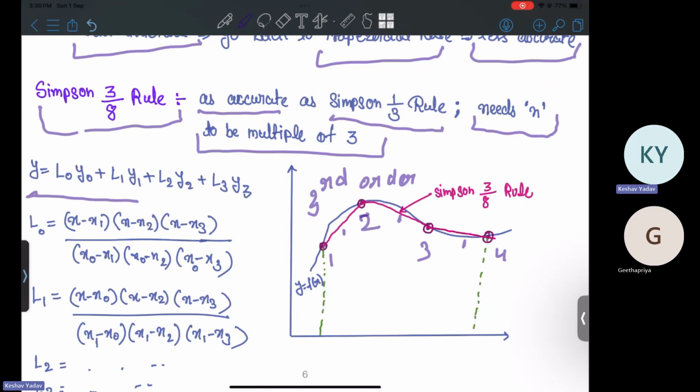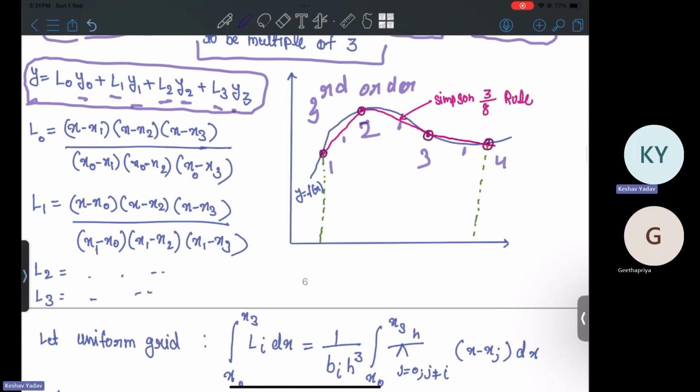So this y I can write using Lagrange interpolation function for a third order polynomial as L0 y0, L1 y1, L2 y2, L3 y3. What will be the formula of L0? x minus x1, x minus x2, x minus x3 divided by x0 minus x1, x0 minus x2, x0 minus x3.